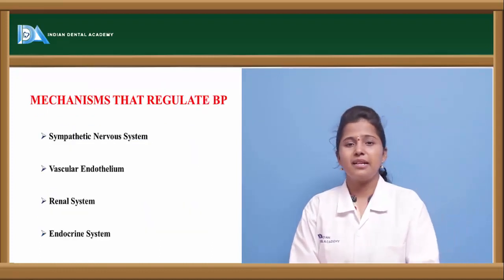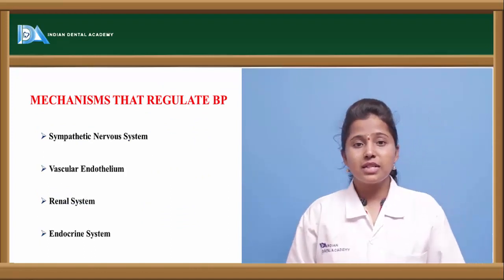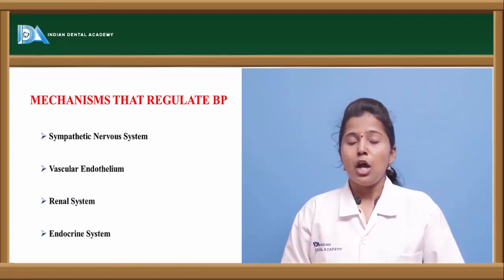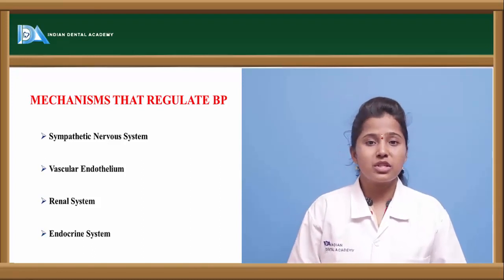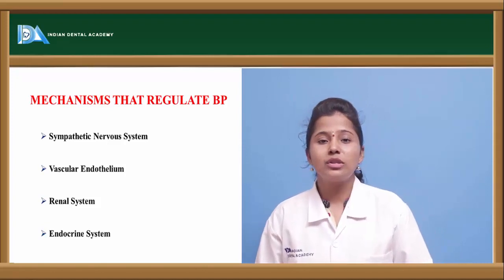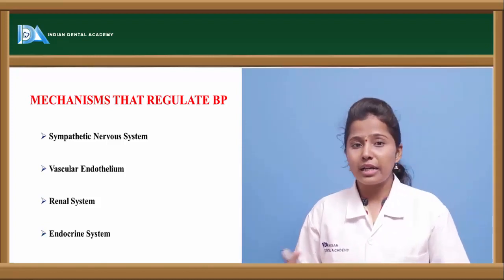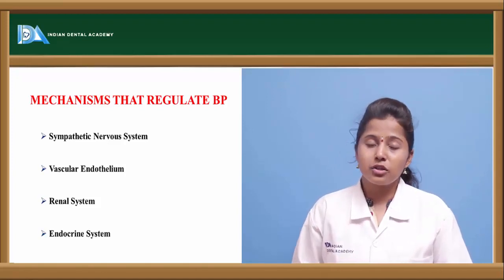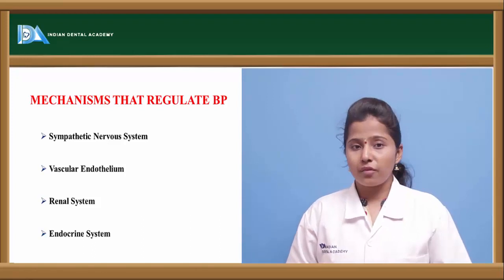Let us see the mechanisms. How BP can be regulated. This blood pressure regulation is acted on by various mechanisms. A few of the mechanisms are the sympathetic nervous system, like the drugs which are acting on the sympathetic nervous system, and the other one is vascular endothelium. So the contraction or dilation of this vascular endothelium determines the regulation of the BP.